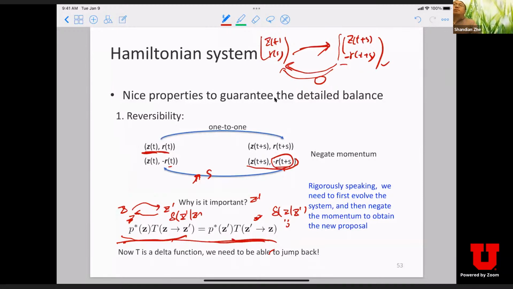Any question? Using the system, how do we decide the direction of momentum? You don't decide the direction of momentum. You just negate it. Like, this is your ball, right? Your momentum is given by some random something, like R, right?